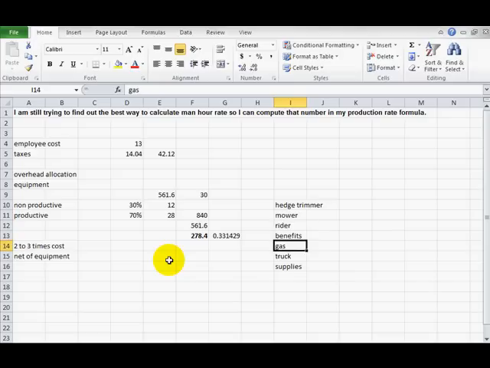This gas, the supplies, these are direct costs tied directly back to this job. You would not have used up gas, you would not have used up supplies had you not performed this job. They're directly tied back to it. So those expenses would have never been incurred.